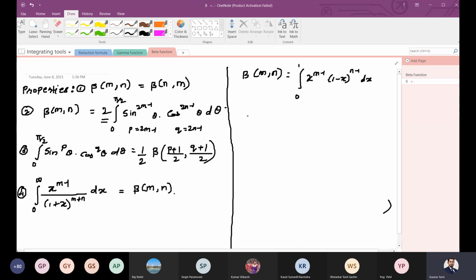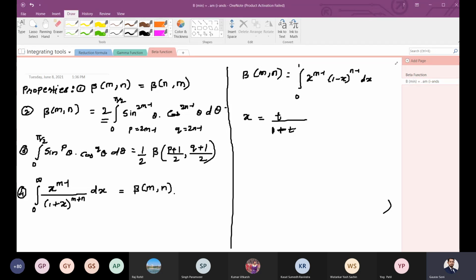So I will put x is equal to t upon 1 plus t. Look, there is no logic behind this. I mean, logic is I need to get this x raised to m minus 1 upon 1 plus x. That is the idea behind it. So in order to get that expression, I am making the substitution in that manner.